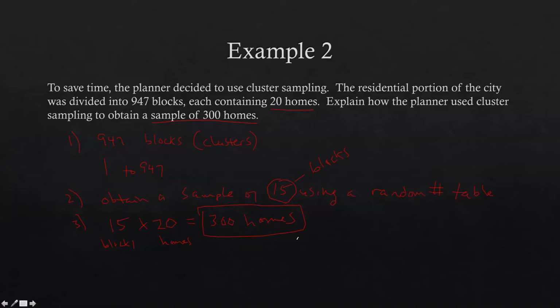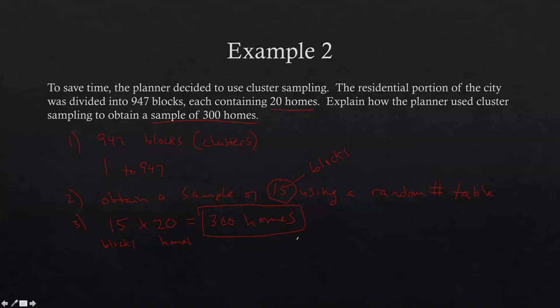All you would have to do is take whoever's doing the city planning, and if all it would take was 3 people, you could assign 5 of the 15 blocks. Each person could have 5 blocks, and that would give each person 100 homes.